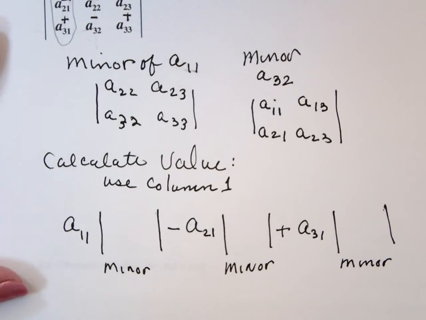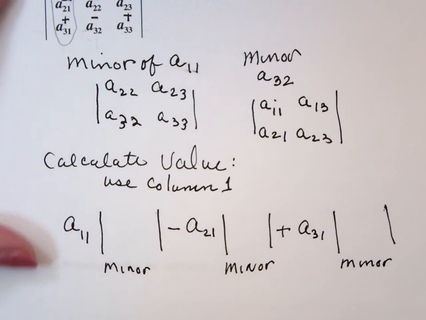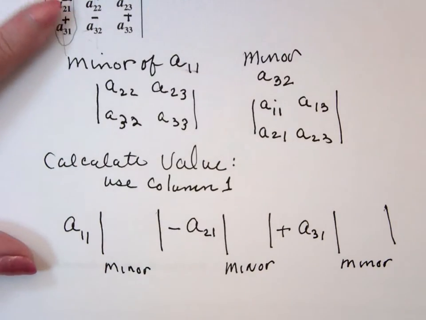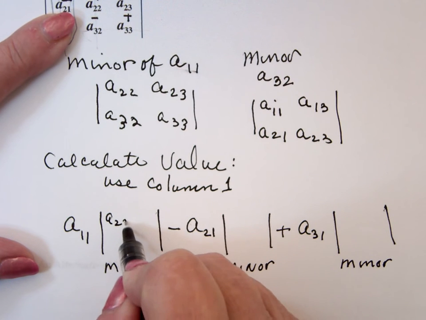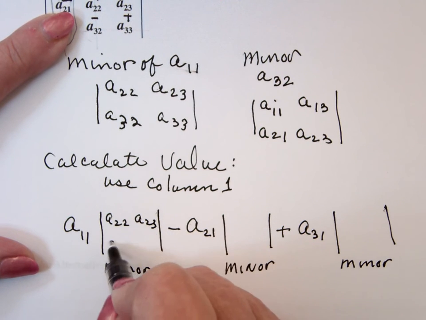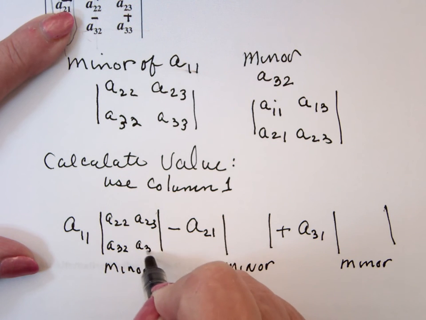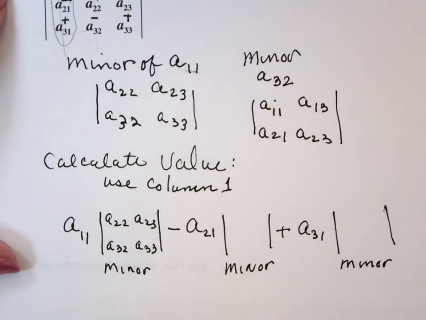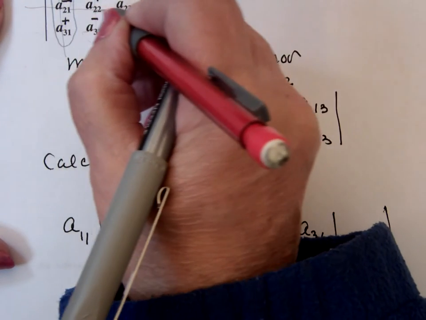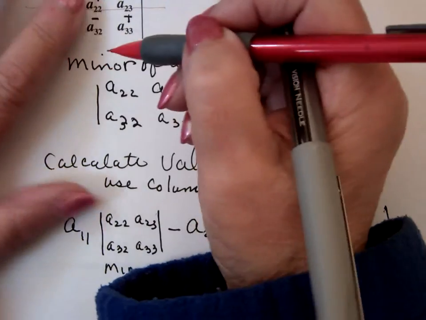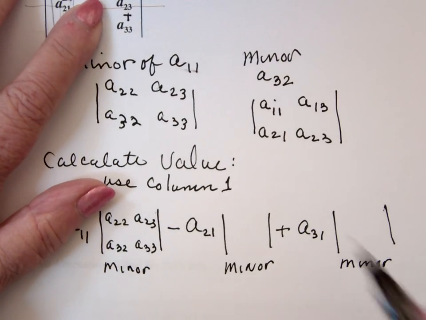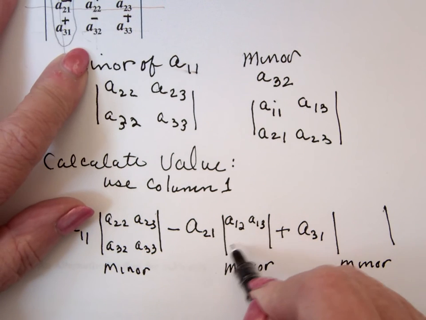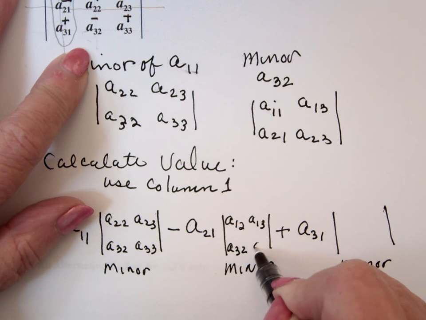But what's the minor of A11? Well, the minor of A11: I cross out the row A11 is in, the column A11 is in, and what's left is A22, A23, A32, A33. The minor of A21: I cross out the row A21 is in, the column A21 is in, and what's left is A12, A13, A32, A33.